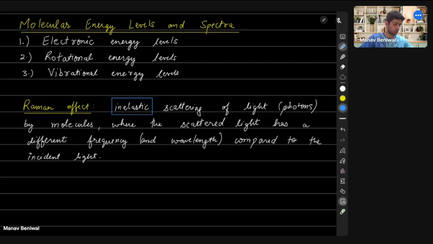So the photon can either lose some energy upon collision or gain some energy, and therefore it will have a different frequency after scattering. Now, where is this extra energy going to or coming from? This extra energy is taken up by the molecule, or given by the molecule from its rotational energy modes.